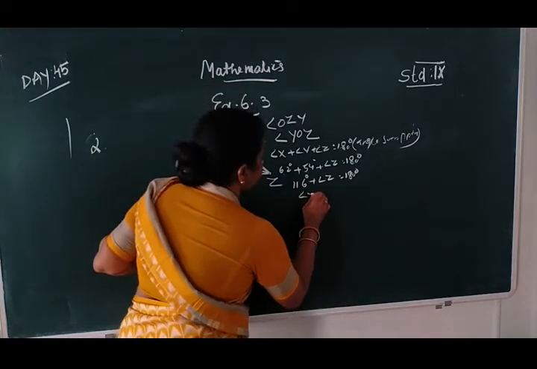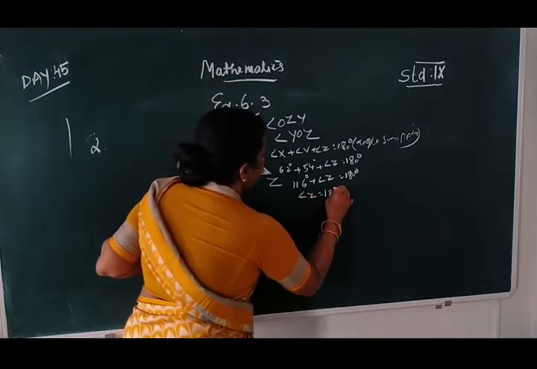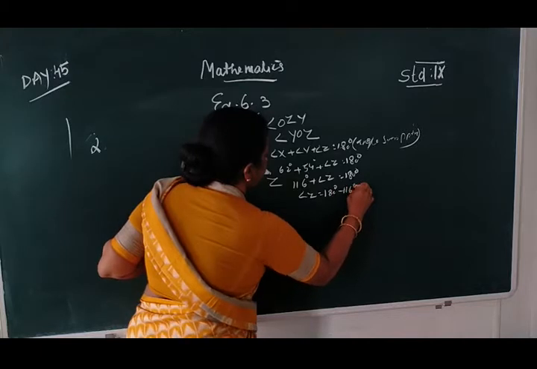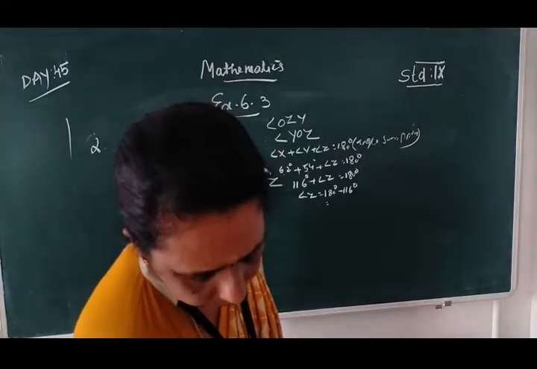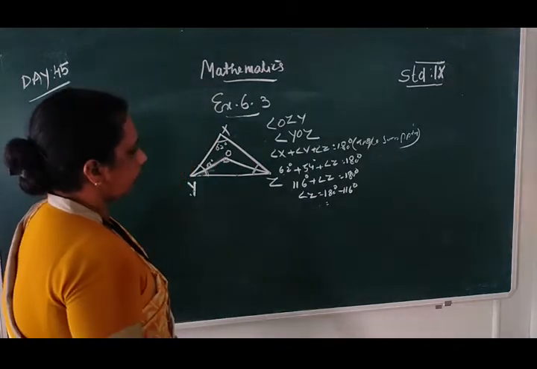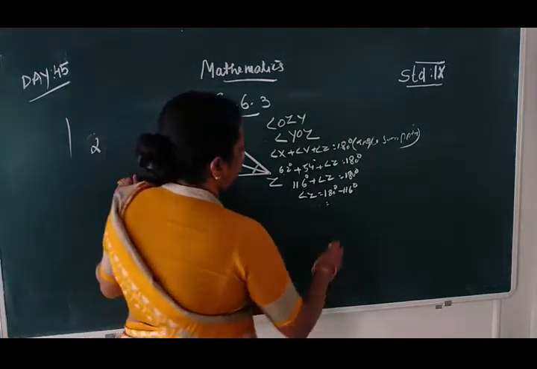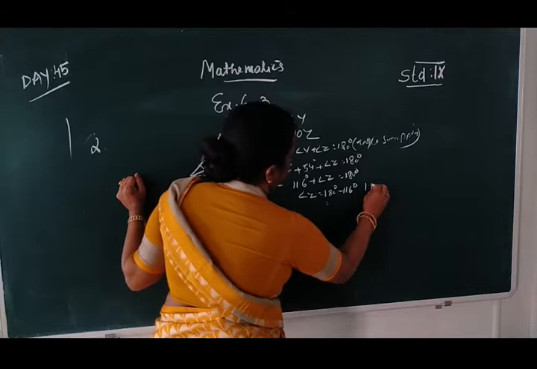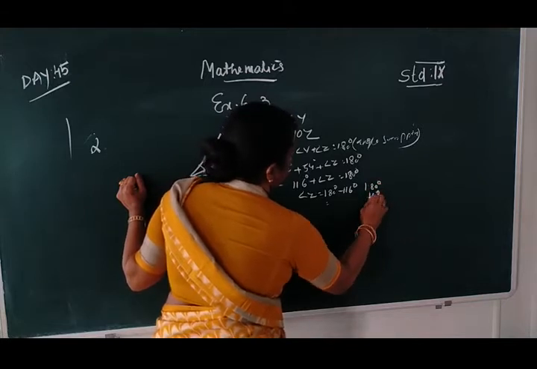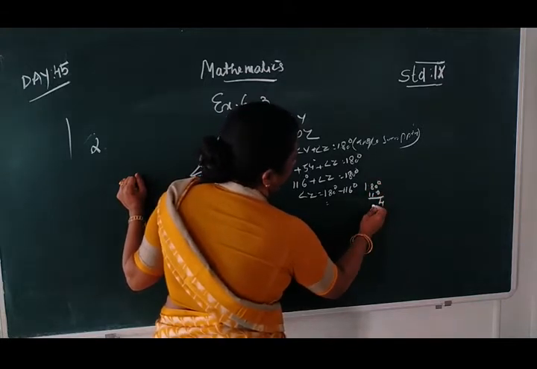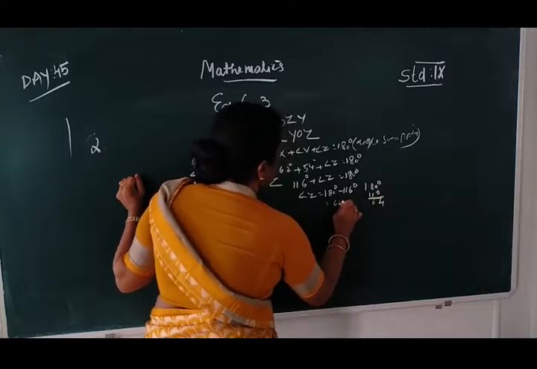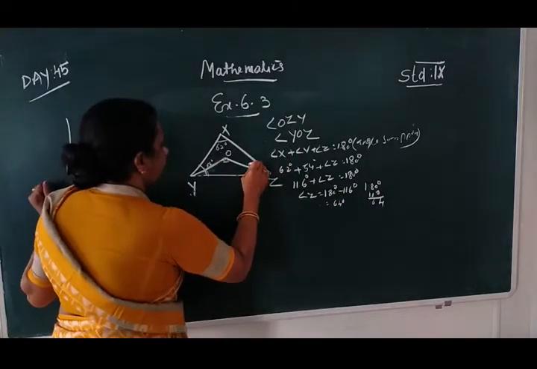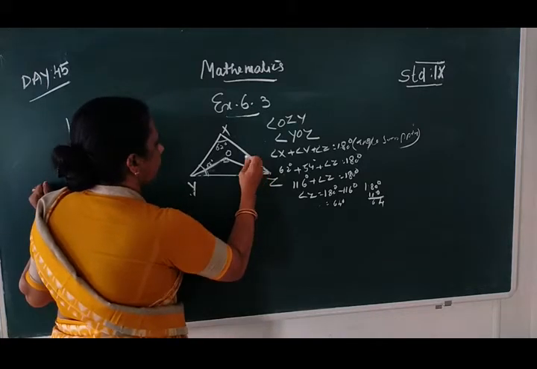Then angle Z is equal to 180 degrees minus 116 degrees, which is 64 degrees.